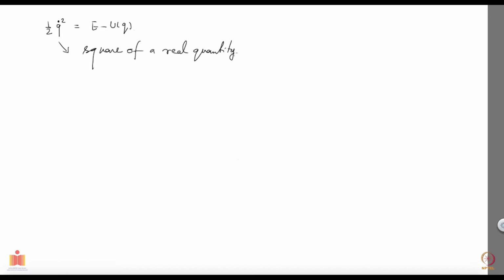This says that the total energy of the system should always be greater than the potential energy that the system has at any q value. If a system is at some q, then the system should have a total energy which is more than the potential energy at that point. So E minus U of q should always be greater than or equal to 0.